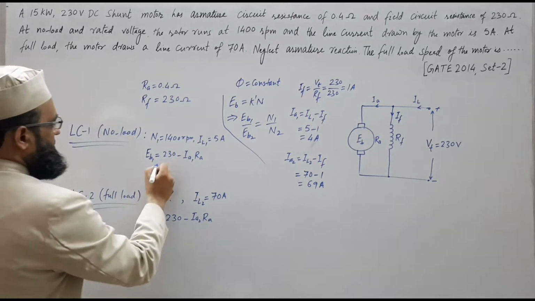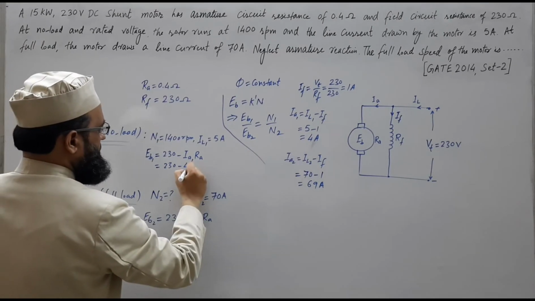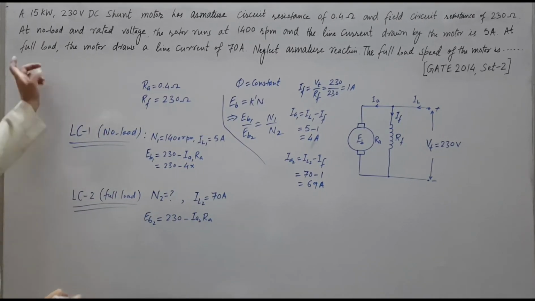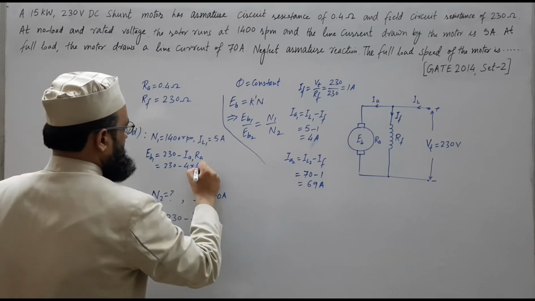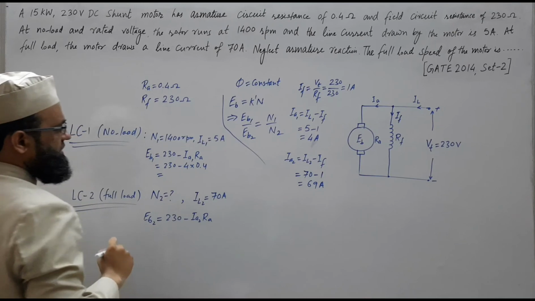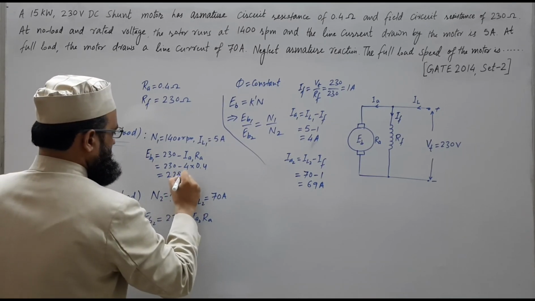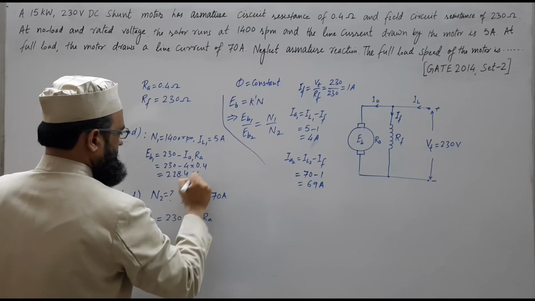So substituting the values, EB1 is 230 minus 4 times 0.4, 4 times 0.4 is 1.6, so 228.4 volt.